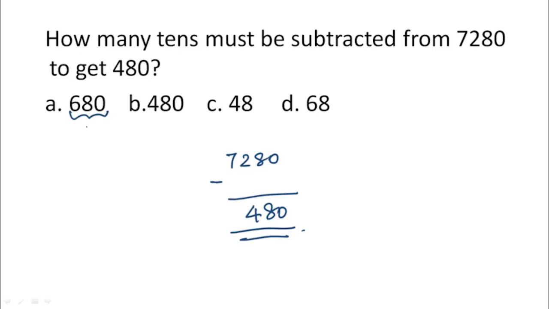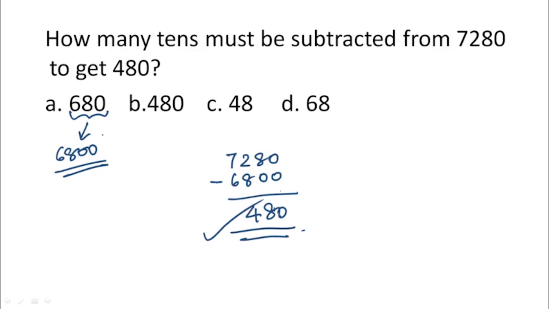So 680 tens, if that is your answer, is 6,800, right? The number that you are subtracting is 6,800. If you subtract these two, will you get the answer as 480? Yes. 0 minus 0 is 0. 8 minus 0 is 8. 12 minus 8 is 4. Yes. So you have to subtract 680 tens from 7,280 to get 480.